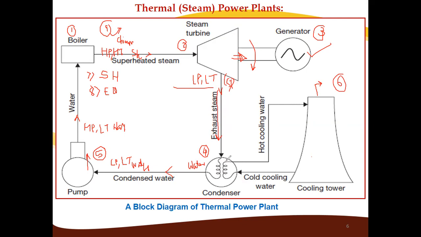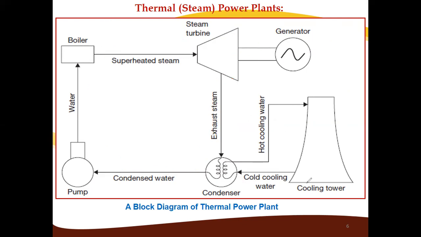So this is the working of the block diagram of this thermal power plant, how energy is transferred from coal to electrical energy. So this is the block diagram of this thermal power plant or steam power plant.